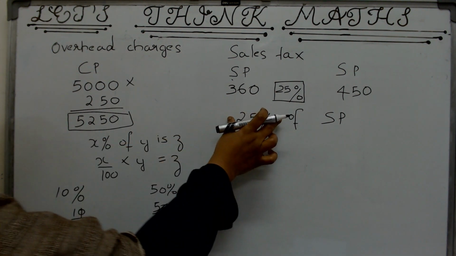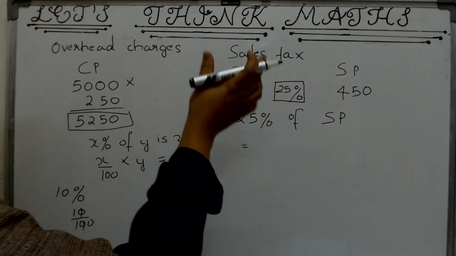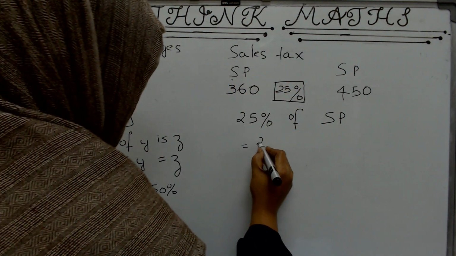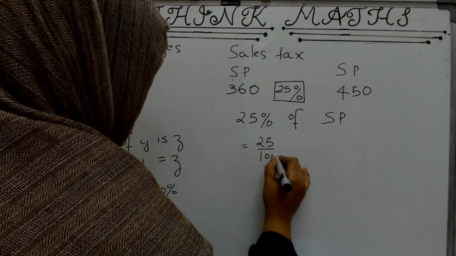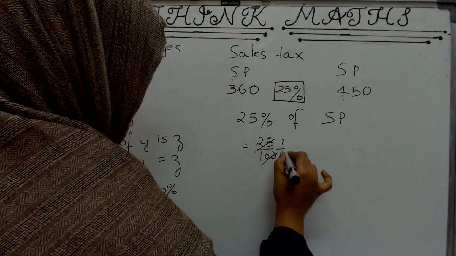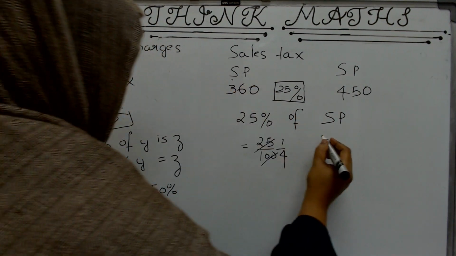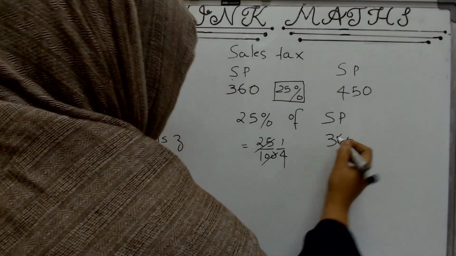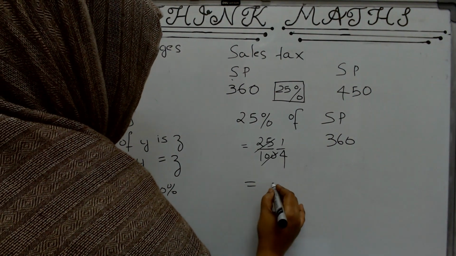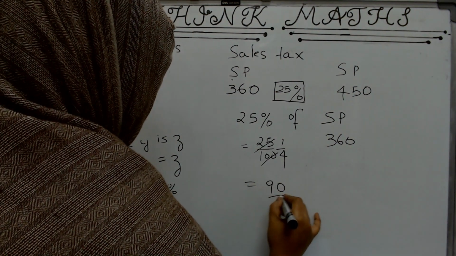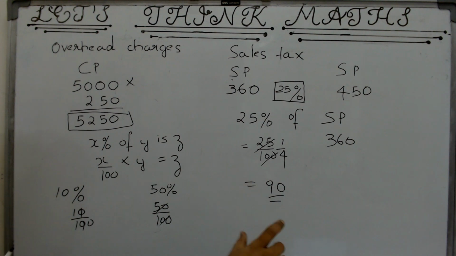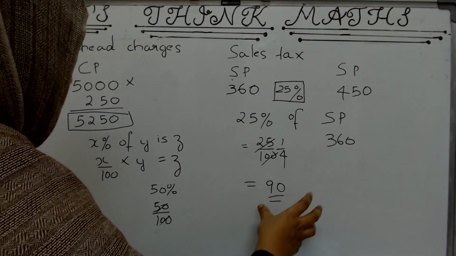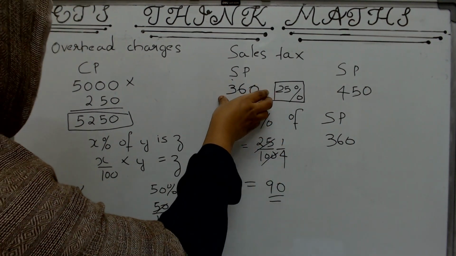Though it is percentage, what is it actually? It is just fractions, because 25 by 100 is actually 1 by 4. So all you have to do is take the SP, the selling price, divide it by 4, and then what will you get? You will get 90. So 90 rupees is the sales tax you pay for this item of 360 rupees.